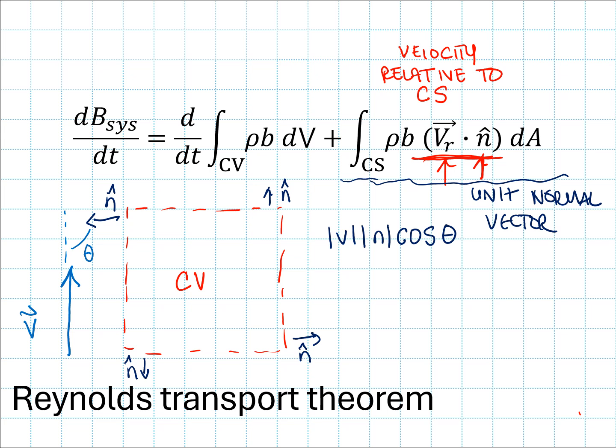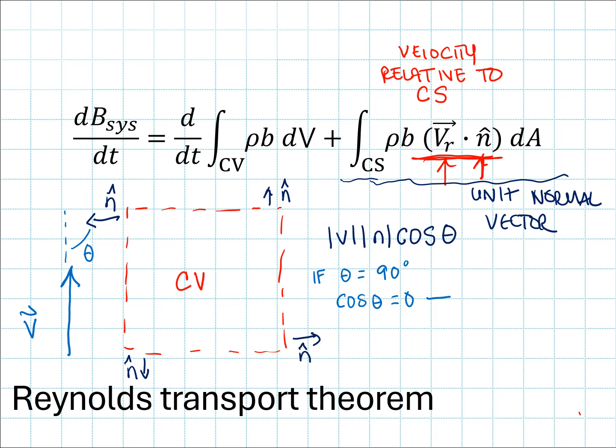So if my angle theta equals 90 degrees, then my cosine theta is equal not to 1, but to 0.